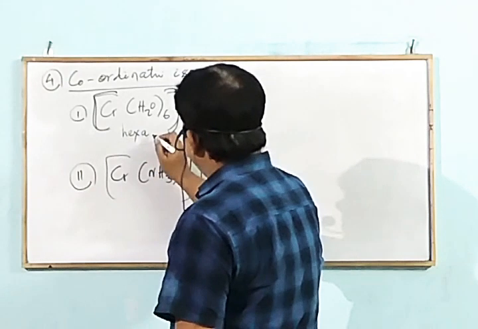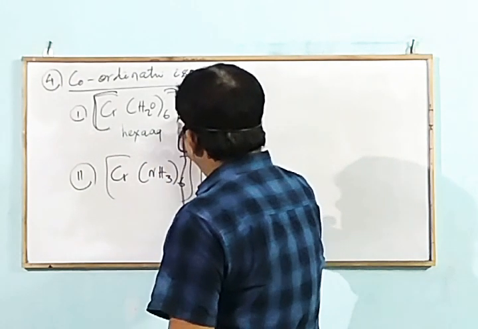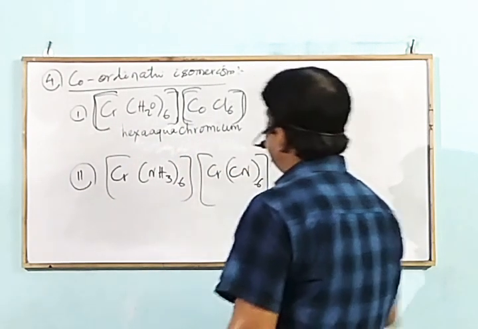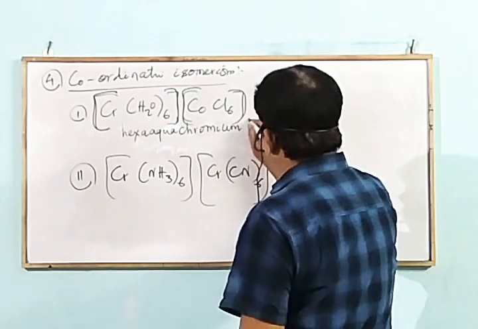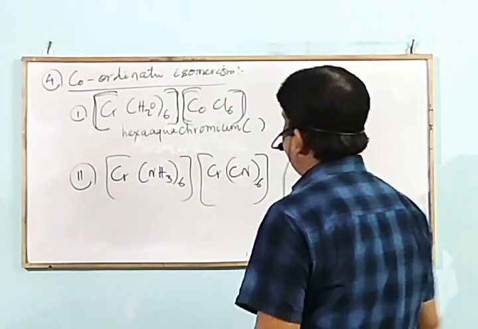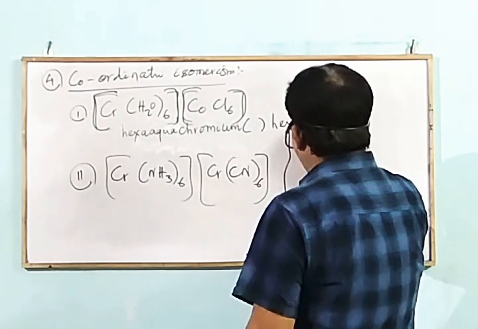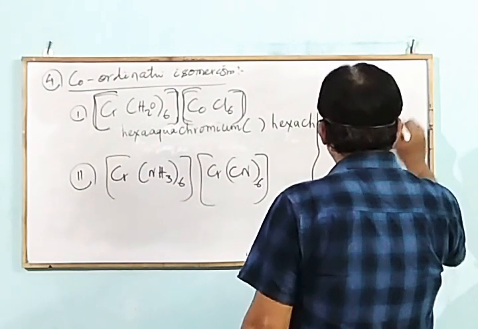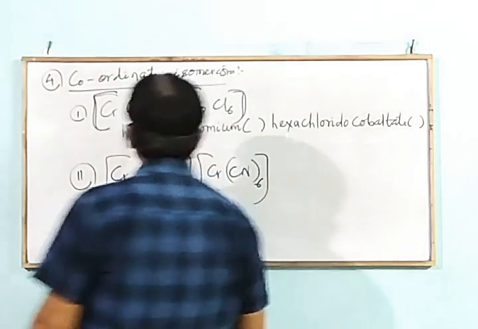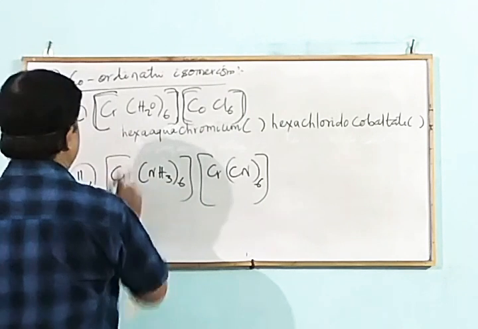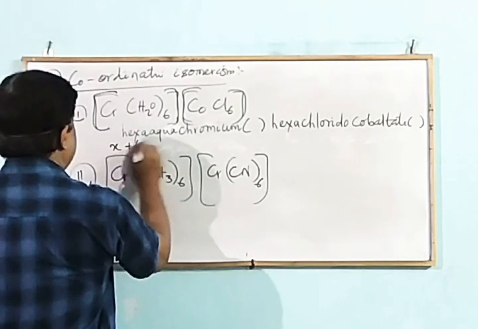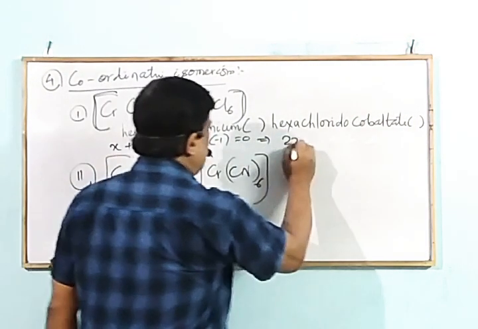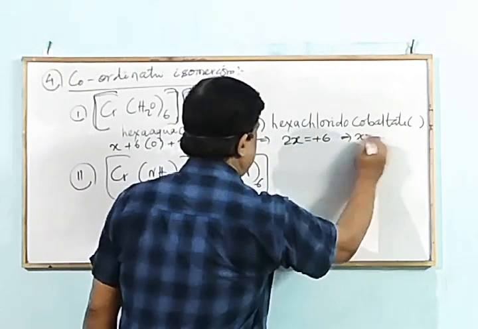hexaaquachromium, hexaaquachromium bracket, hexachloridocobaltate bracket. Then the oxidation number. We have to calculate the oxidation number, which is not known, so let it be x. 6 into 0 plus x, 6 into minus 1 is equal to 0, which implies x is equal to plus 3.